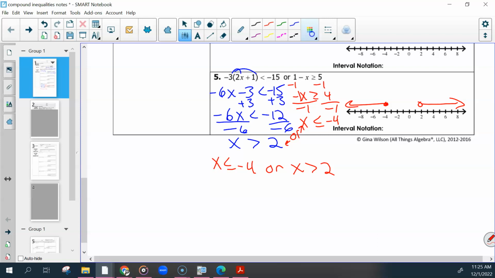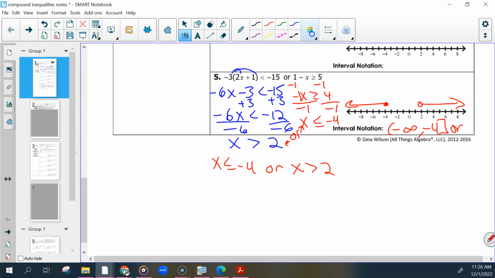How would we write our interval notation? Where does it start? Keep looking left. Where would that start? Negative infinity. And then it stops at negative 4, and that would be a parenthesis or a bracket?